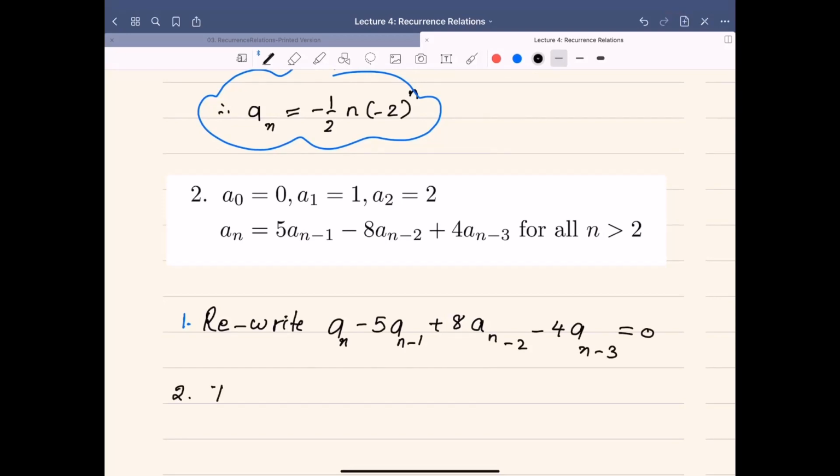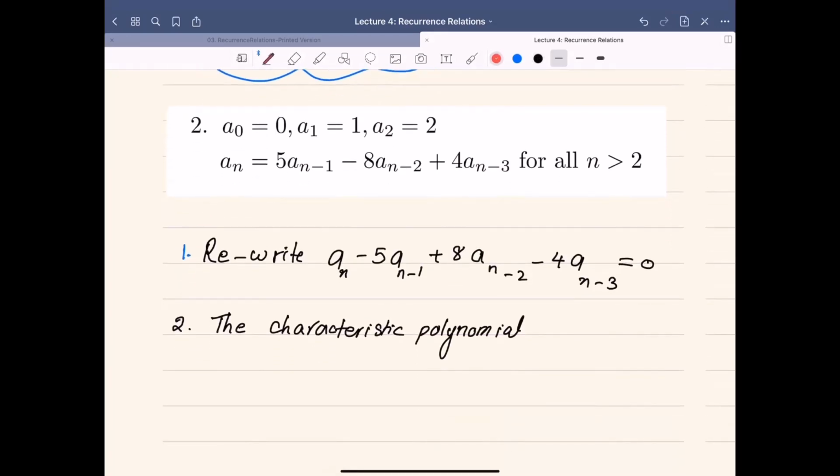Step 2, the characteristic polynomial. Since this is degree 3, the characteristic polynomial will be of degree 3.